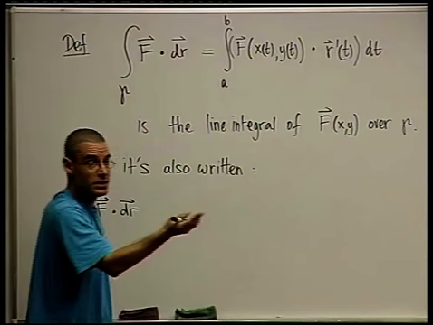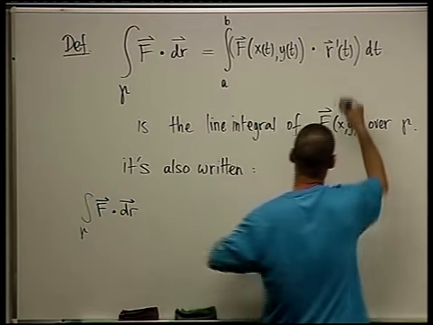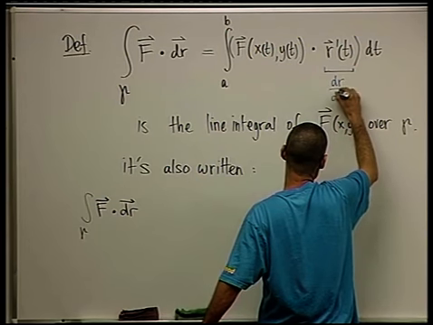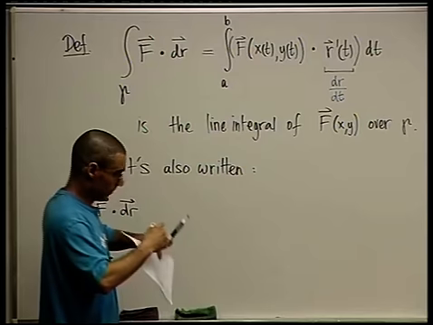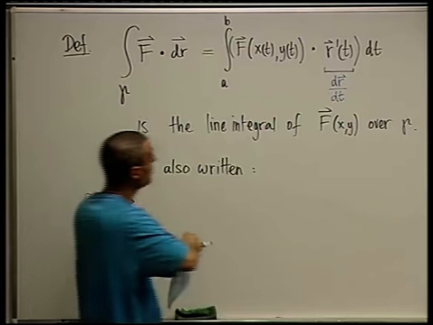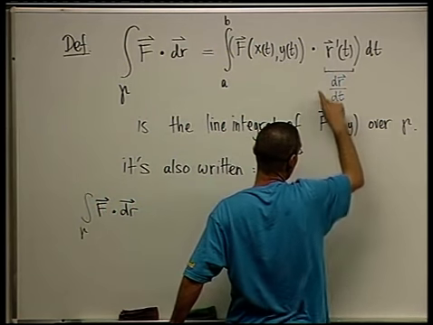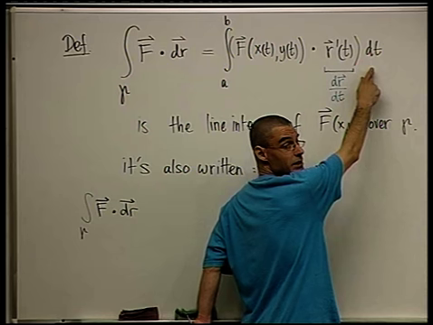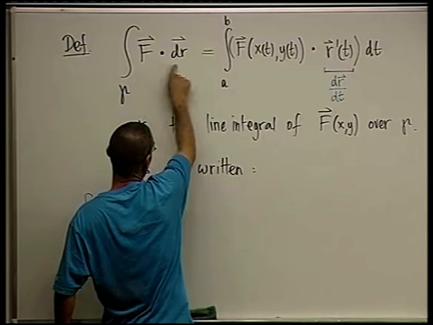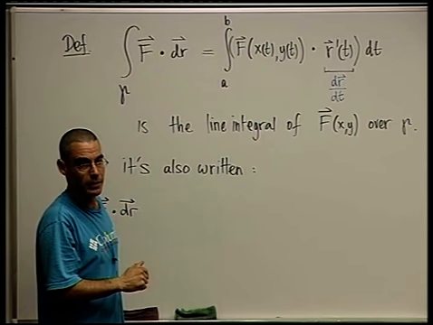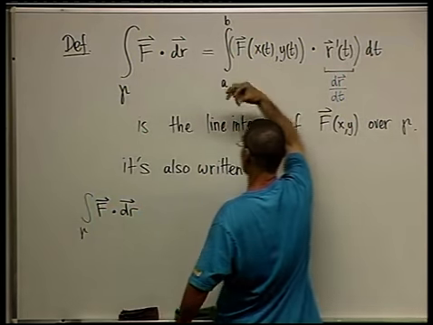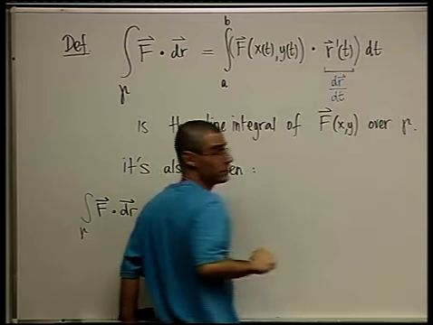If you think of r prime of t as dr over dt, then what's written here is F dot dr over dt times dt. Cancel out the dt's. This is just notation, right? So that's the reason for this name, F dot dr.